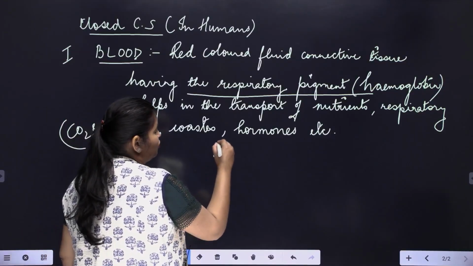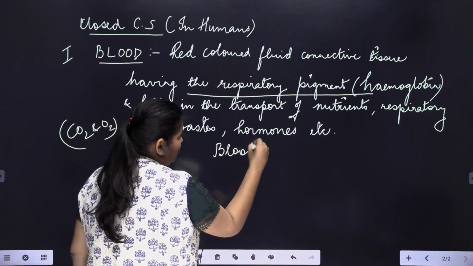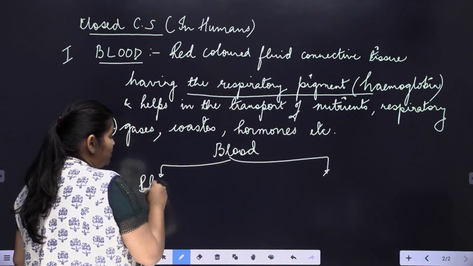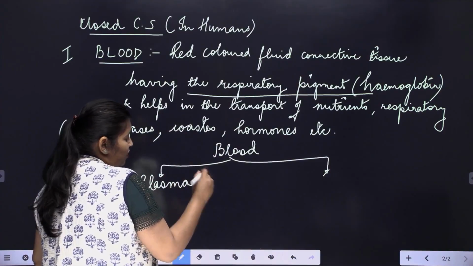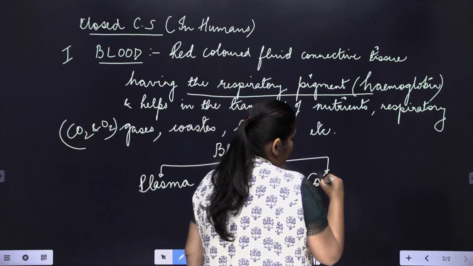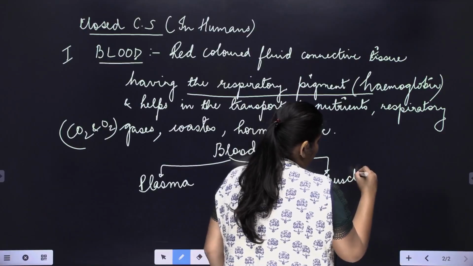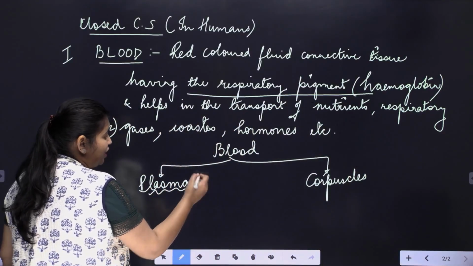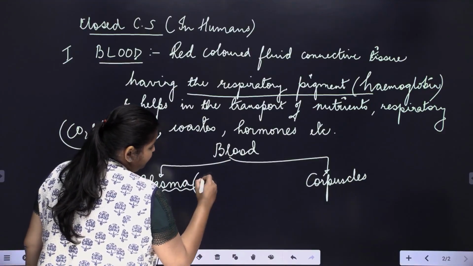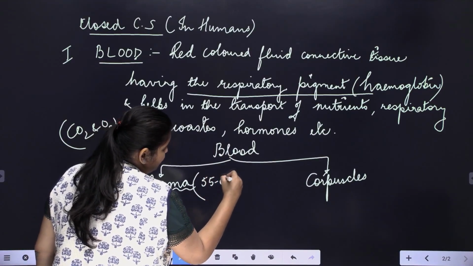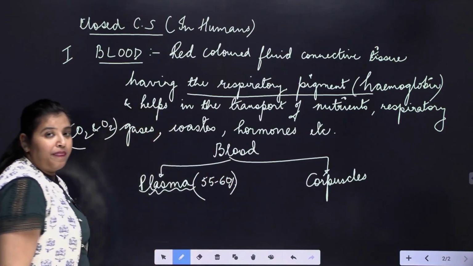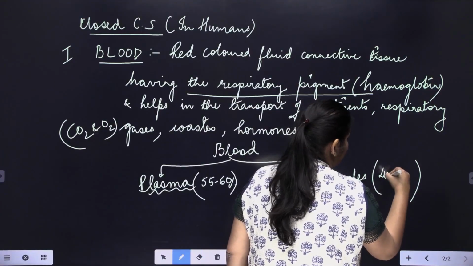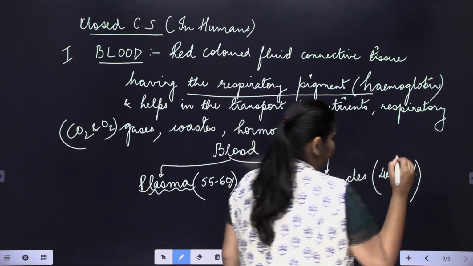Now, blood comprises two components. One component is the plasma and the other component is the corpuscles. Plasma itself contributes about 55 to 60%, and the remaining are the corpuscles, which is 40 to 45%.